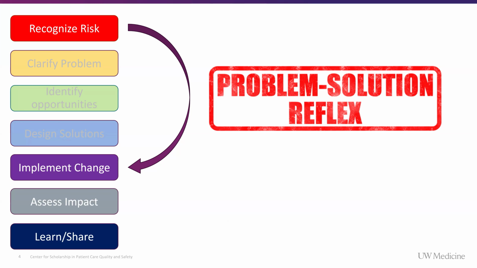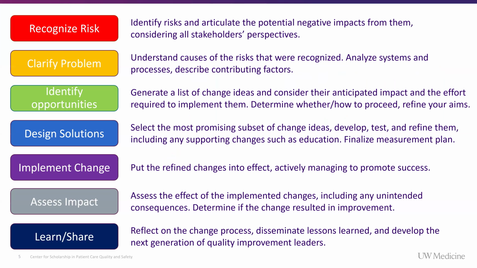And so part of what the program helps you do is to really take a step back and spend actually the vast majority of your time on the first four steps: identifying the problem, really thinking through what the problem is, not just a problem, identifying all the stakeholders, thinking through the potential solutions and the different impacts they may have on different stakeholders, thinking about how to engage people in the work you're doing, and then trying out small changes and finally implementing a change and tracking the outcomes.